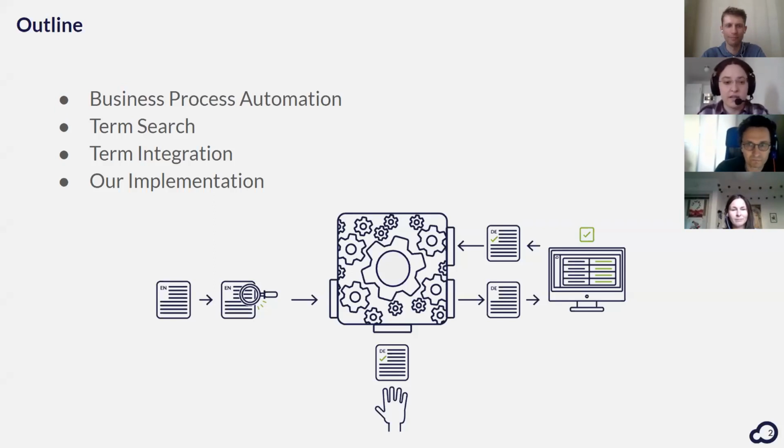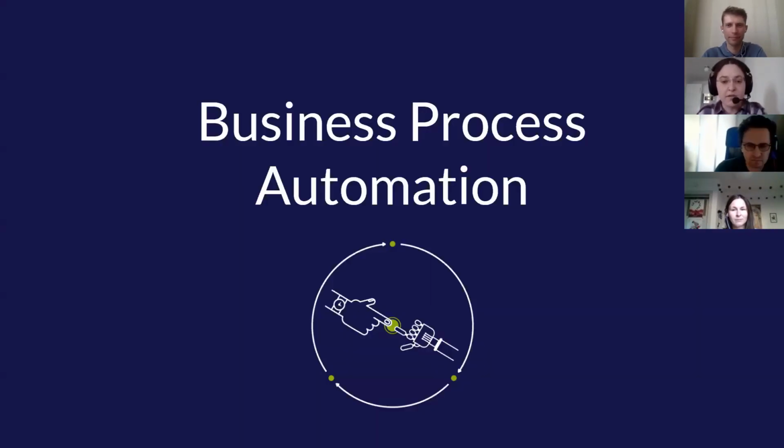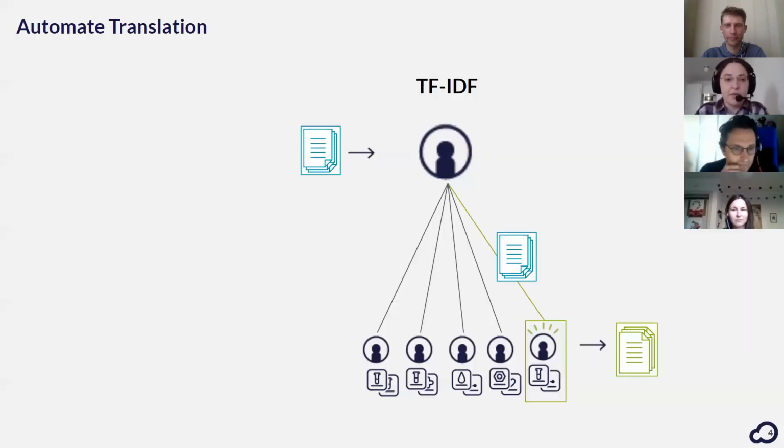So yeah, let's get started right away. Business process automation. So I work for Langu, which is a machine translation company, a translation company, and a large language service provider. Originally, when the business started out, it was more of a traditional translation service. So they had a wide network of translators.